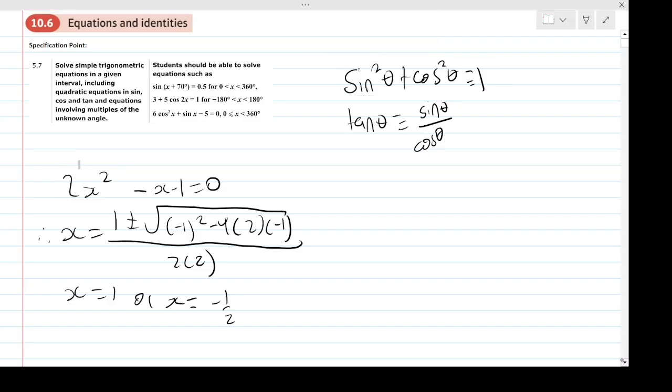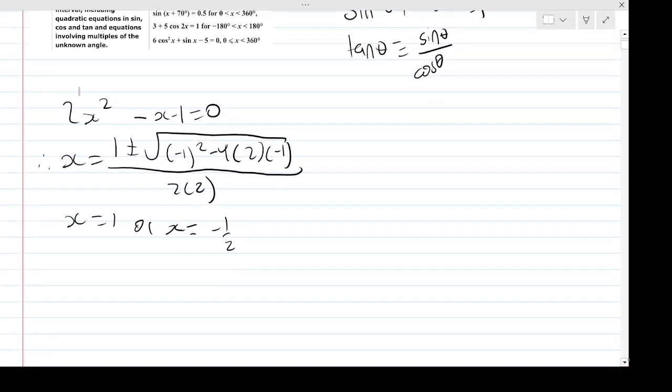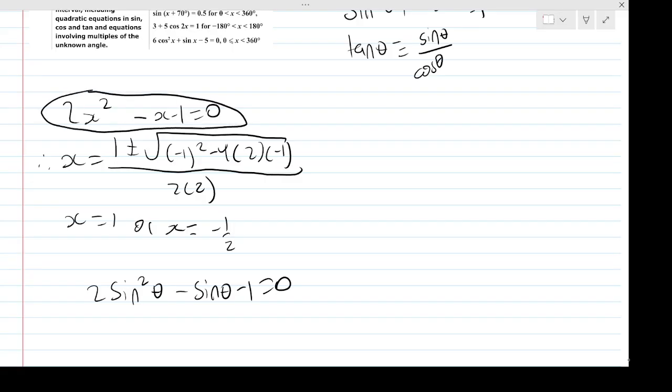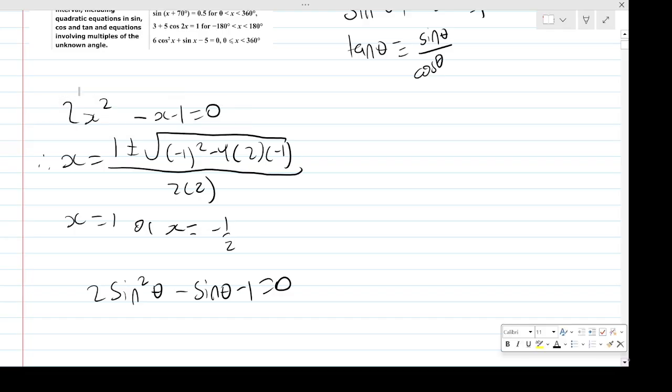So for example, say I had the equation 2 sine squared theta minus sine theta minus 1 equal to 0. Now hopefully you can see this very strongly resembles the quadratic. Actually, it resembles the one we just did, except instead of x, we now have sine theta.